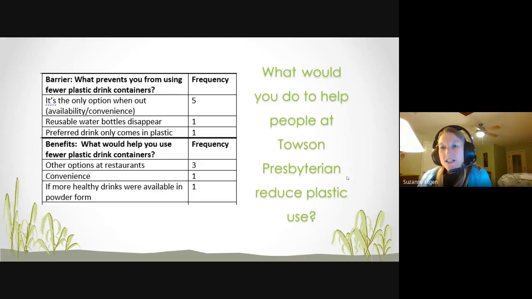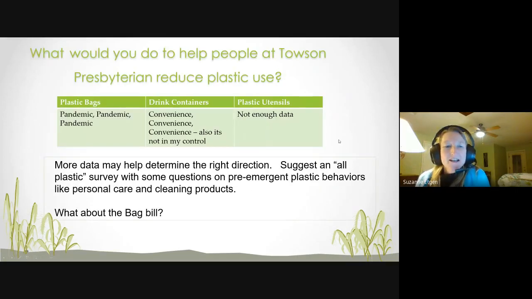But let's move on to the next slide because I want to talk about those other plastics that Charlie's talking about. So here are the 3 behaviors. Plastic bags. Here's what people said: pandemic, pandemic, pandemic. Same thing that Susan said. The barriers to using reusable grocery bags were all about how you can't use them during the pandemic, which actually, I've been using mine the whole pandemic.